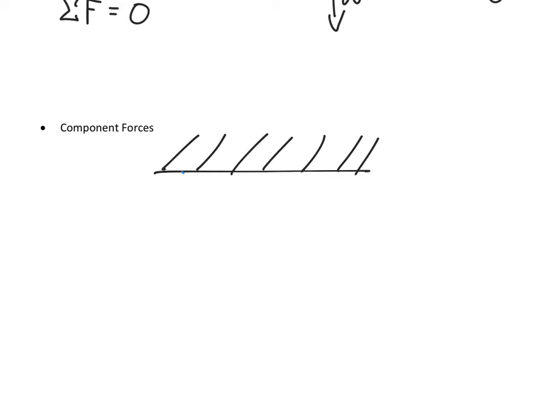So we have two ropes or cables attached to some sort of sign, maybe a store sign, and they're holding up the sign. It should make sense that all the forces holding this sign up are completely balanced, and they equal 0. So this is absolutely a Newton's first law situation.